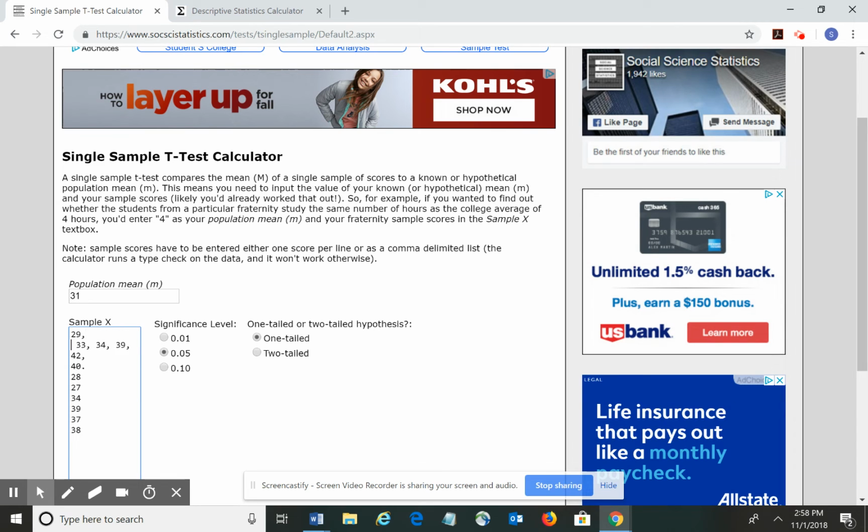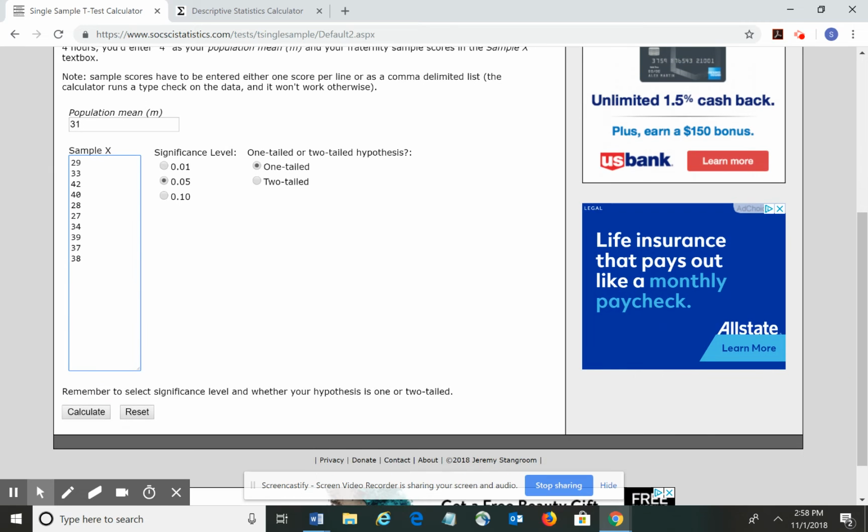You could just retype it. And I probably need to get rid of the commas beside each one. Okay, so we have 1, 2, 3, 4, 5, 6, 7, 8, 9, 10. We got the 10 values in there. So again, it's easier for you probably just to straight out type them. We put in the population mean, the significance level, and the type of test, and we calculate.